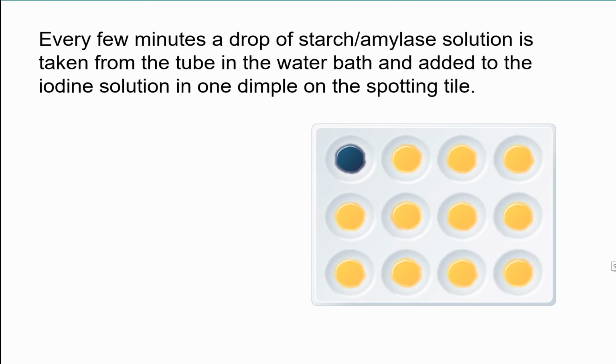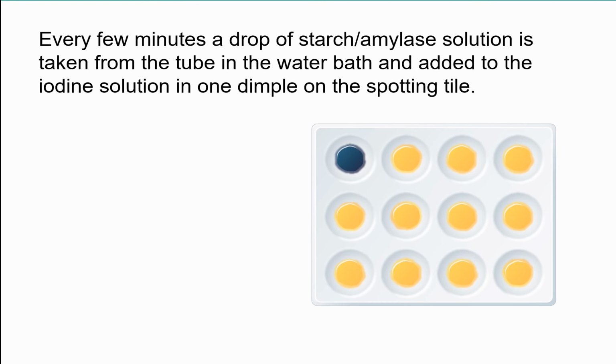Every few minutes, a drop of starch amylase solution is taken from the tube in the water bath and added to the iodine solution in one dimple on the spotting tile.